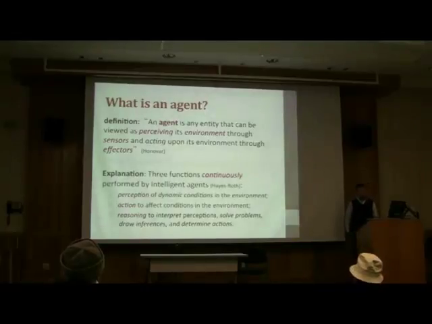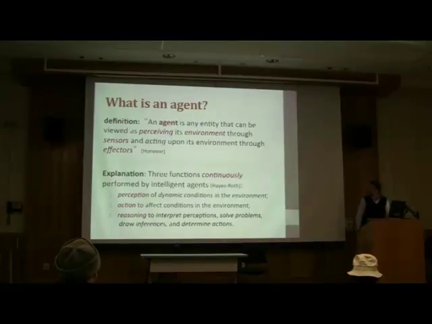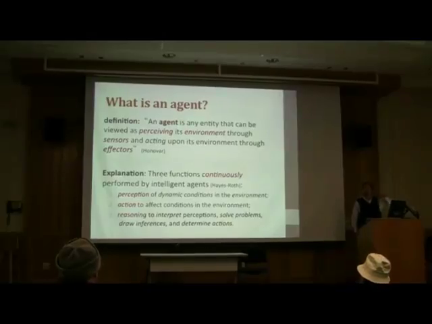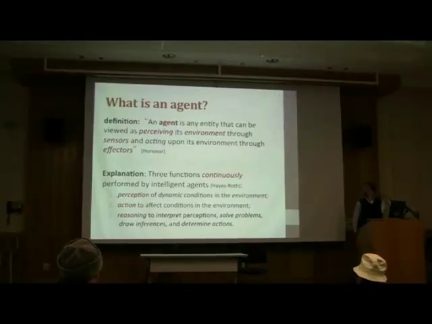Another way of looking at it, a different definition from a couple other scholars in the field, is that there are three functions that are continuously performed by intelligent agents. Perception, and the perception is of dynamic conditions in the environment. That's why this is continuous. The environment is continually changing, so agents need to be continuously perceiving their environment.